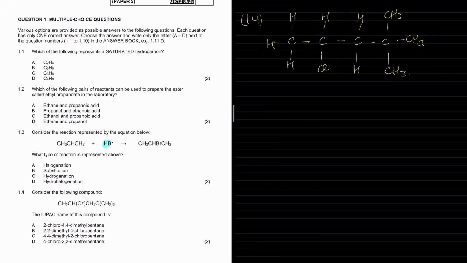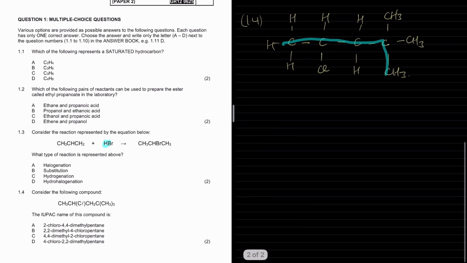Now if we wanted to name this, since it's an alkane, there is no priority here. So we'll just start numbering from the closest branch. So we can start numbering this way, here. And so if I do that, I'm going to have a 1, 2, 3, 4, 5 carbon chain. So it's going to be pentane.